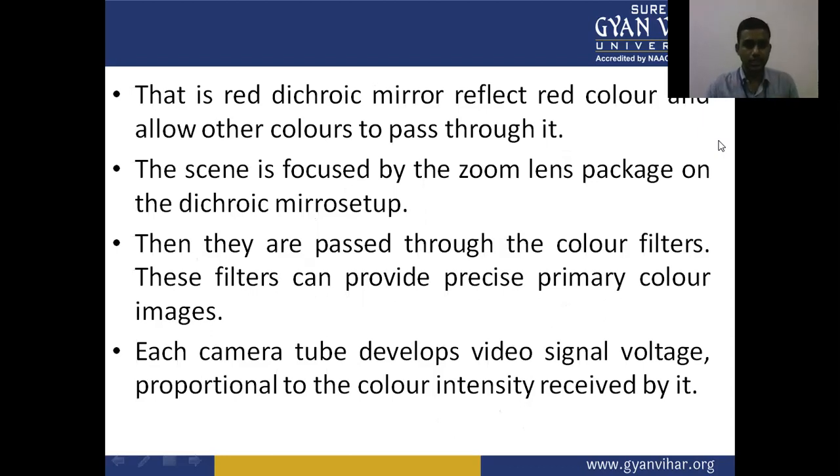The scene is focused by the zoom lens package on the dichroic mirror setup, and the light is passed through the color filters. These filters can provide the precise primary color images. Each camera tube develops a video signal voltage proportional to the color intensity received by it.